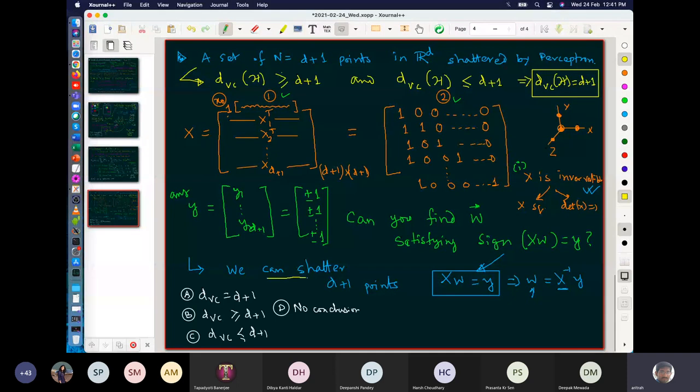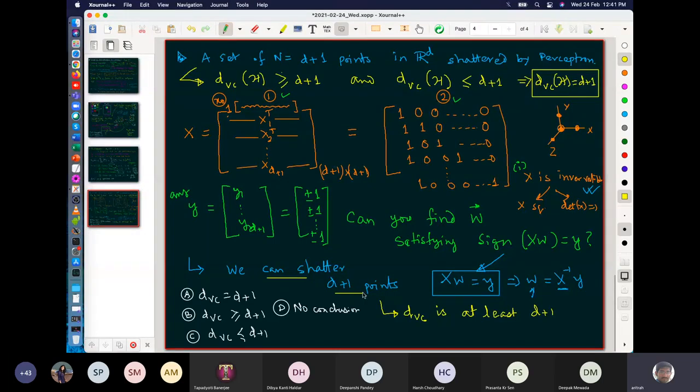See, if you can shatter d plus 1 points, then I am saying that dvc is at least d plus 1, because any number of points less than d plus 1 you can also shatter as per my VC dimension definition, isn't it?